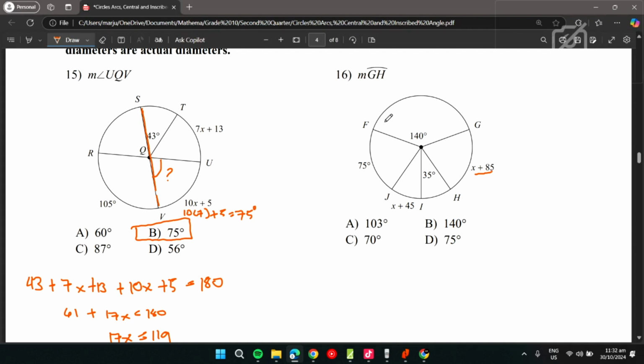Second problem, 75 degrees daw. Do you agree with that answer? Is that really 75 degrees?